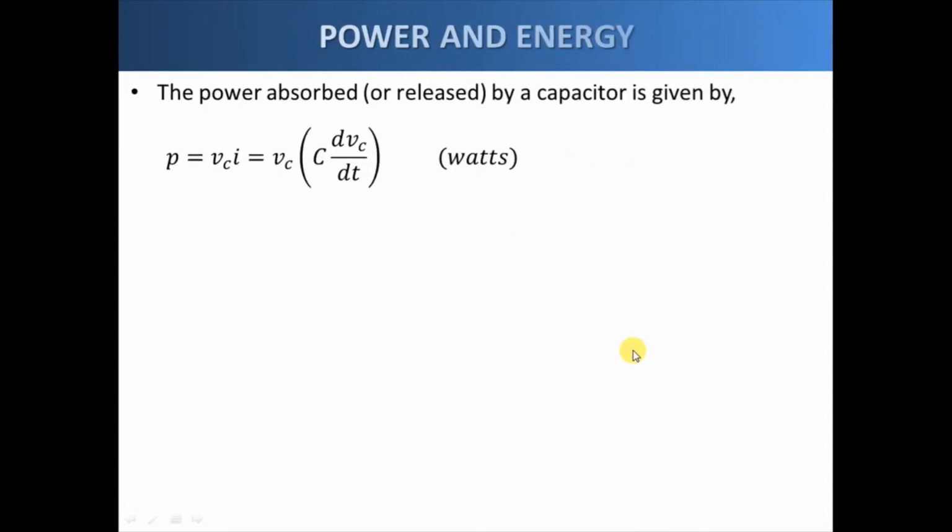For the power and energy, the power absorbed or released by the capacitor still follows the equation for power. So we simply multiply the voltage and the current. But since current is C dV_C/dt, we can plug this into the equation for power.